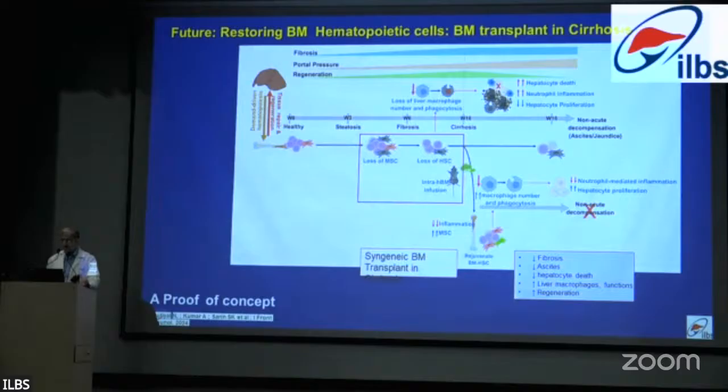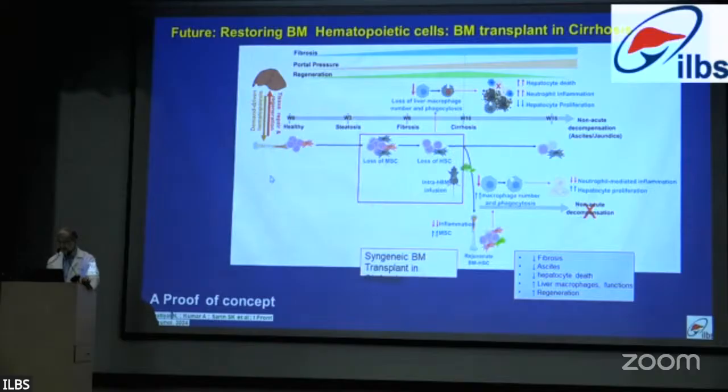Then we thought of another novel, rather funny idea. Can we not do a bone marrow transplant in a patient with liver disease? So you can't get a new liver, give him a bone marrow. There were several problems, but we tried this in the animal model.